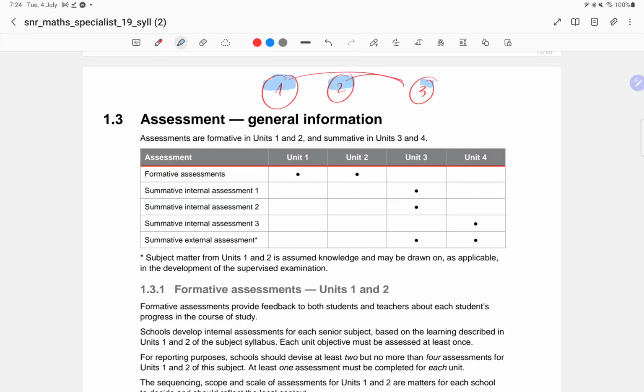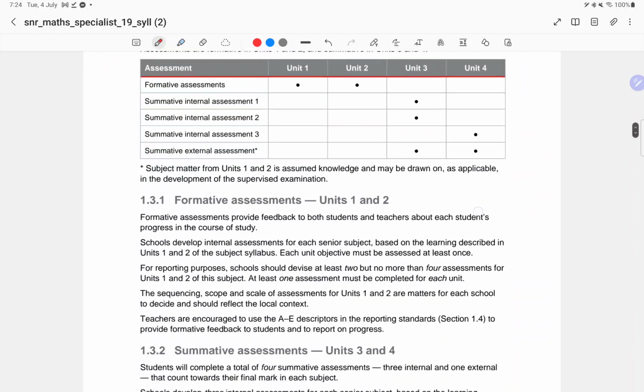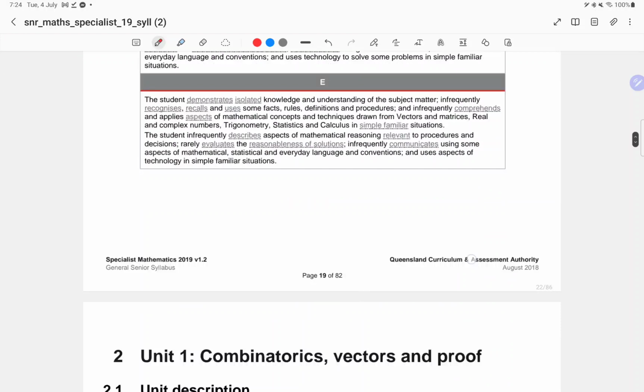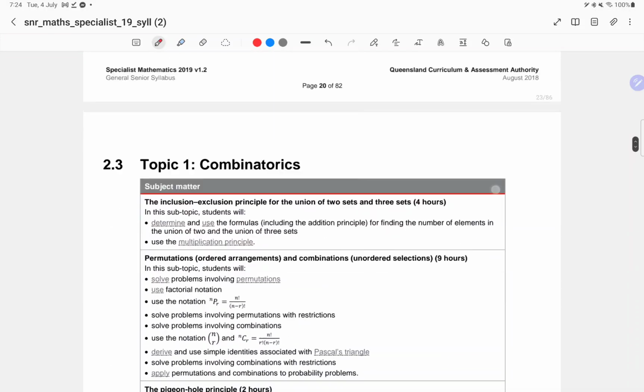And half of the content in unit 3 will be used in unit 4. That's why, if you're aiming at a really high ATAR, you do aim to master everything. Okay, but you don't need to remember everything from unit 1 and 2 for the external exam. Okay, I'll give you what you need to remember. There's no perfect answer, but I'll give you the best guide for that.